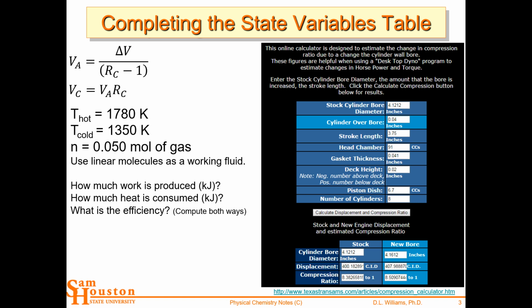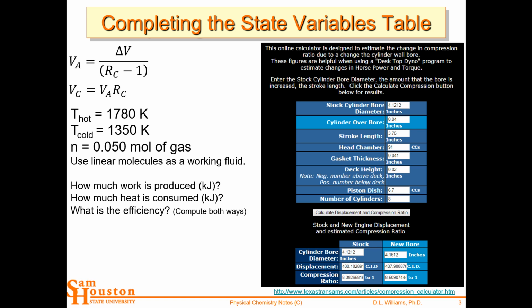So that would be the max volume divided by the min volume, or the max pressure divided by the min pressure. T hot is 1780. And then the number of moles is equal to 0.050.